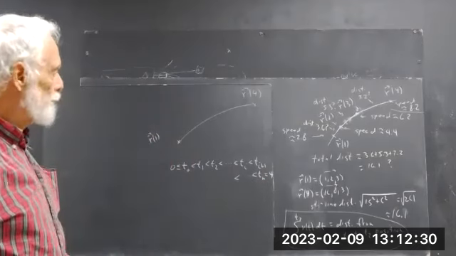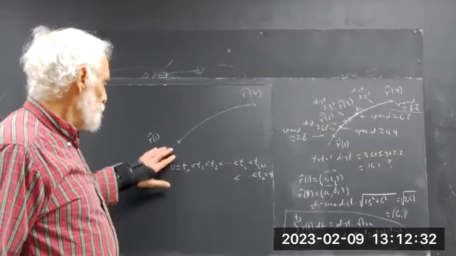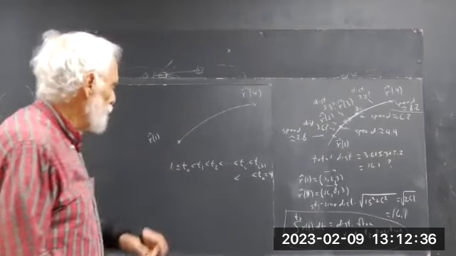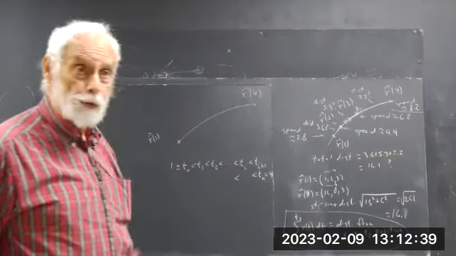I've just partitioned the interval from t equals 1 to t equals 4.